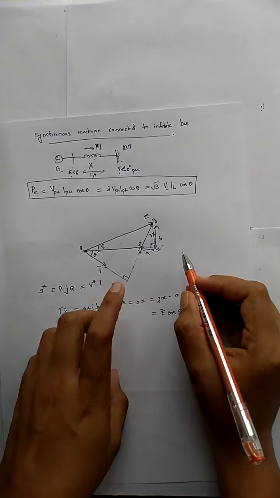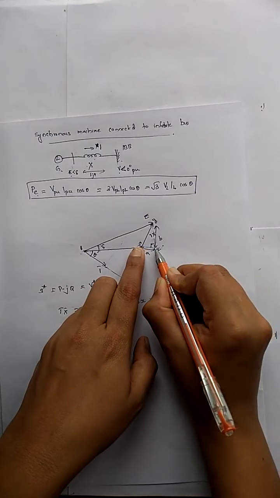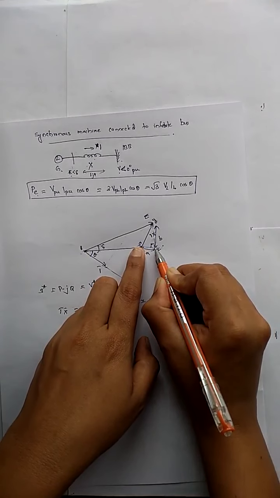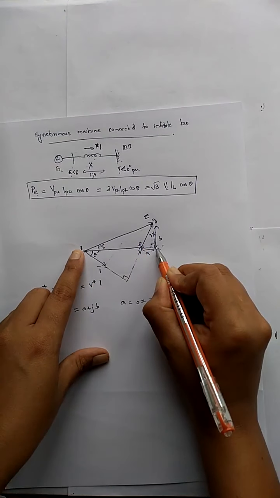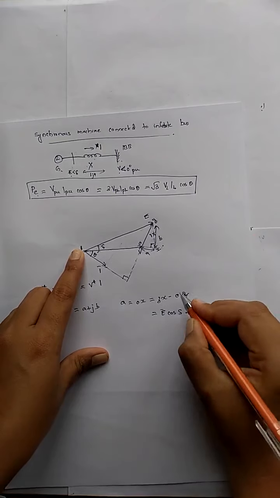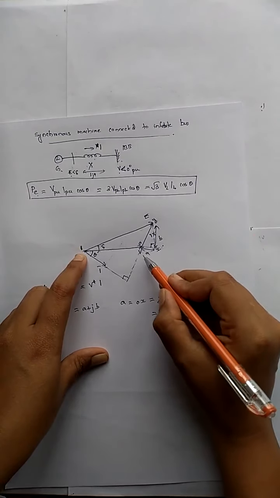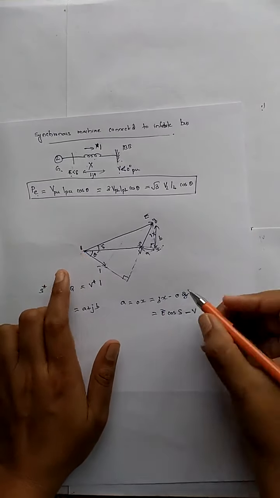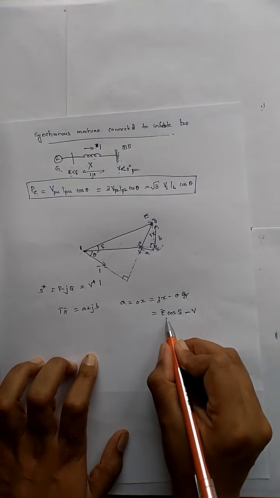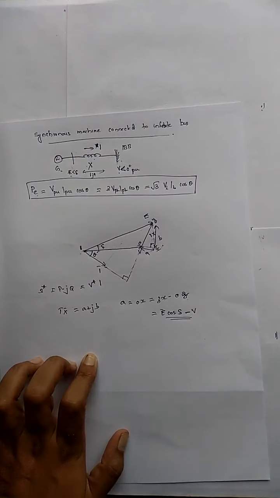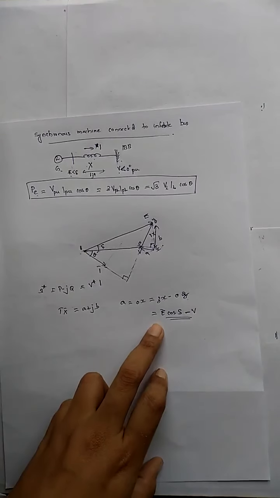This value. So I want to take this segment, that is equal to this entire line segment XZ or ZX minus this ZO, okay, or OZ. So my OX value, I got it as E cos delta minus V. I hope you understood it.